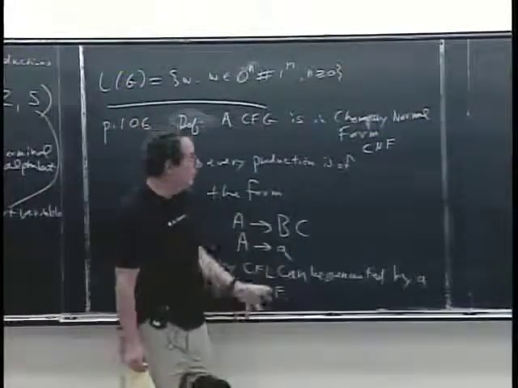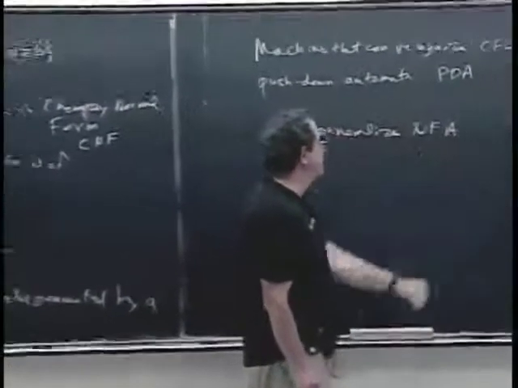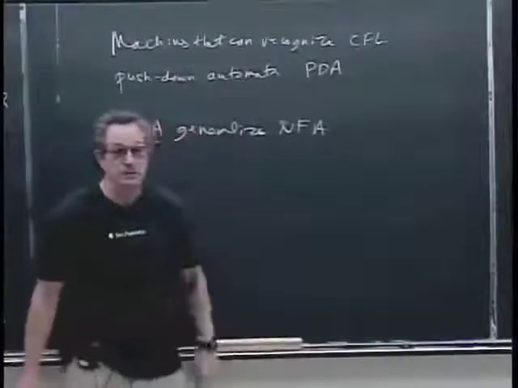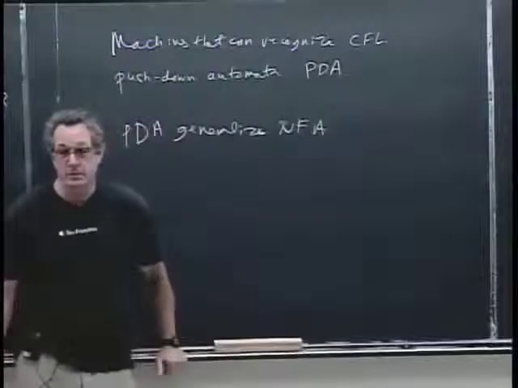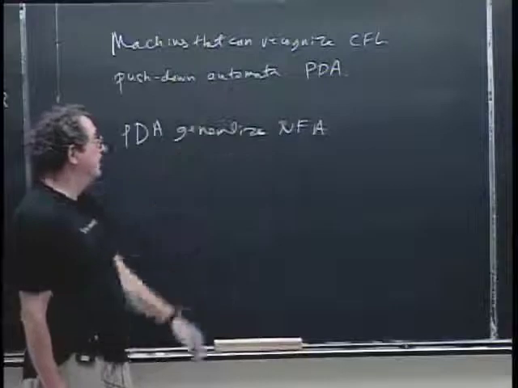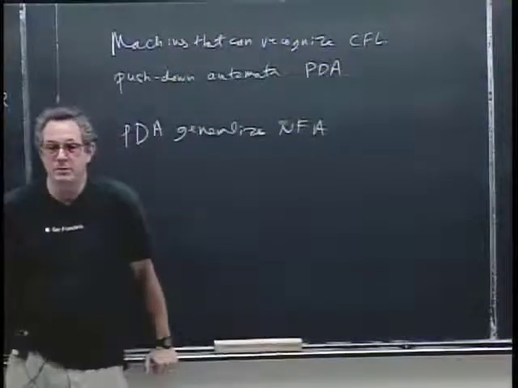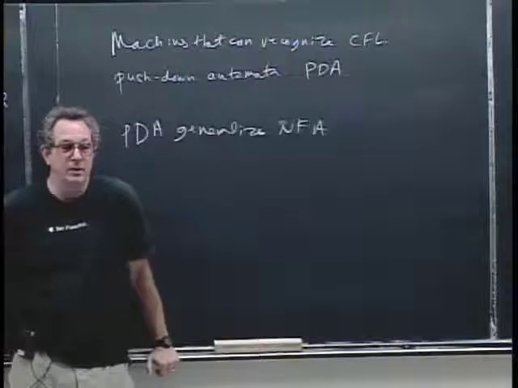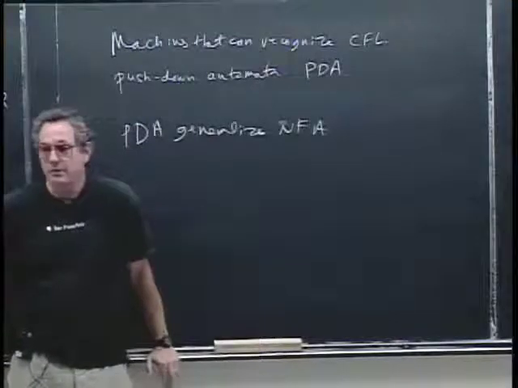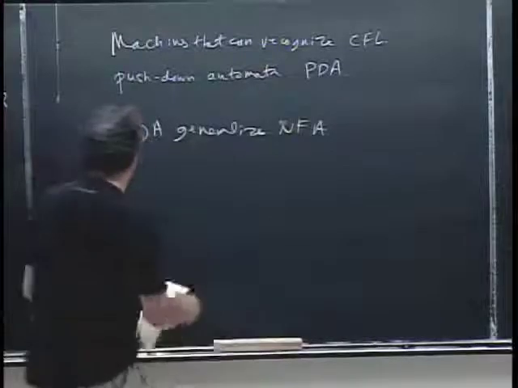Okay, so because these pushdown automata can recognize a language that we know is not regular, then we know that a pushdown automaton has to have some kind of gizmo or doohickey that isn't part of a normal NFA. Right? So what is it?